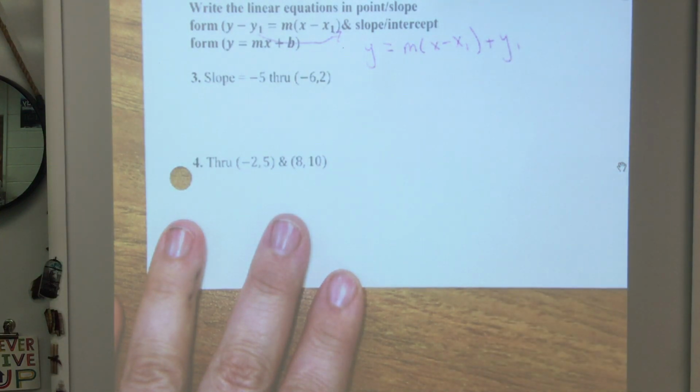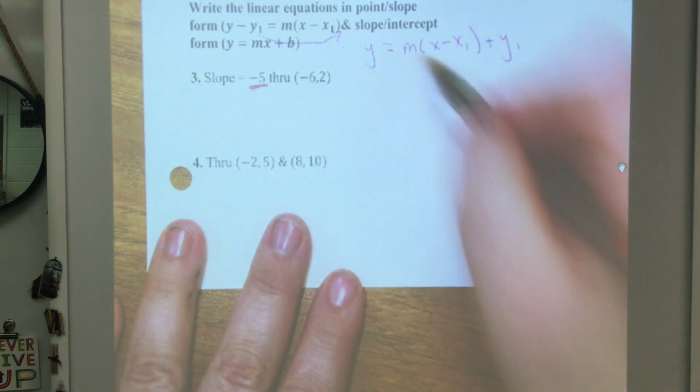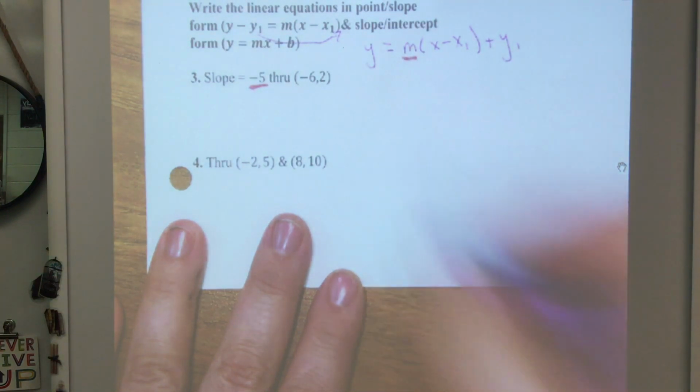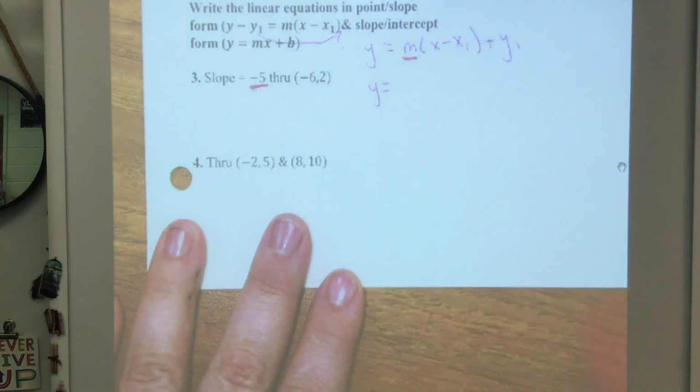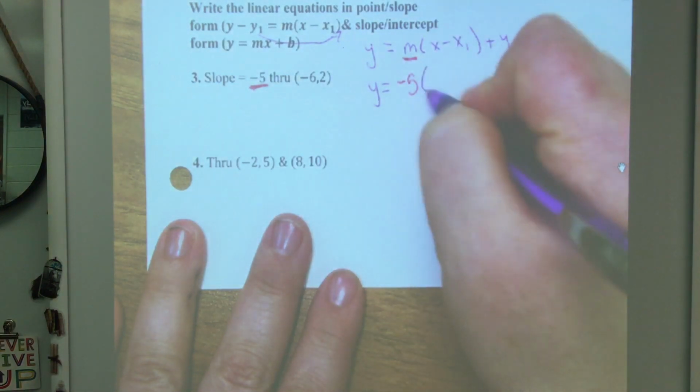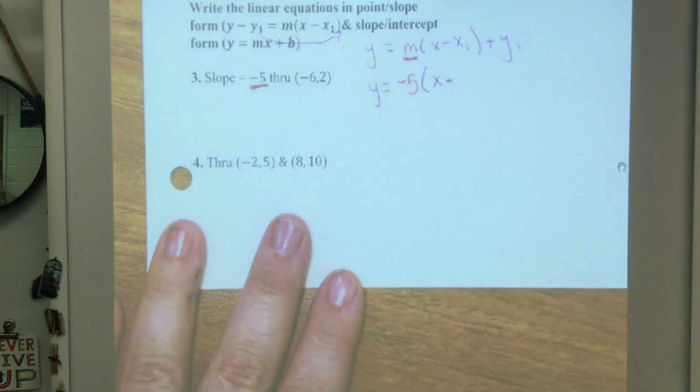So all I'm doing is plugging the slope in for m, so that would give me y equals -5 times x minus, and oh, do I have a color that I could use? Probably not. I used to have an orange pen.